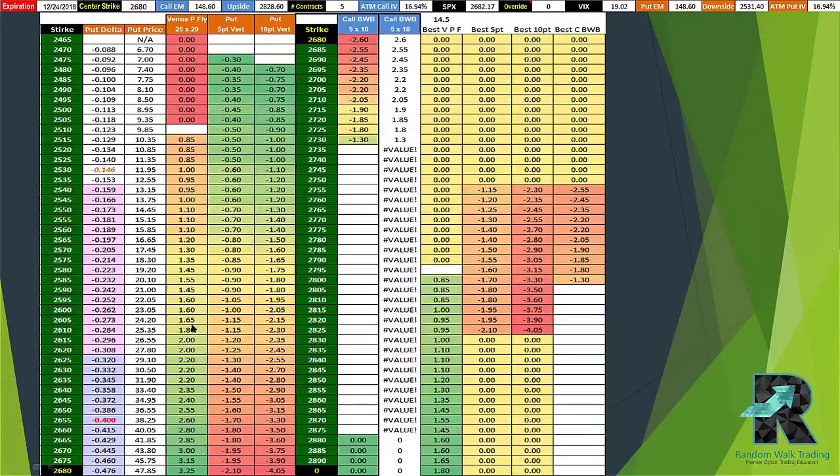So I could do the same thing with a 5-point vertical. Again, I'll just stay in the same $2 row here. This is a 5-point vertical. The 2615, 2610 vertical is roughly a $1.20 credit because we're selling it. My risk is the width of the strikes minus your credit. So in a 5-point spread, minus $1.20, is $3.80 risk per contract.